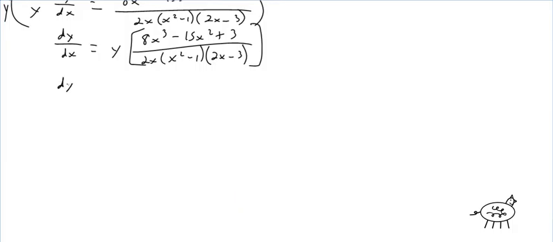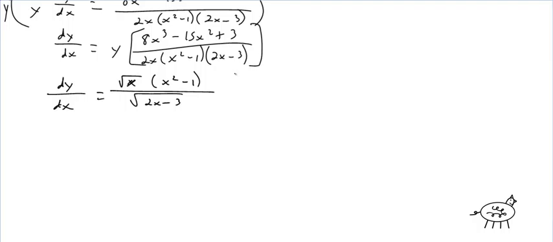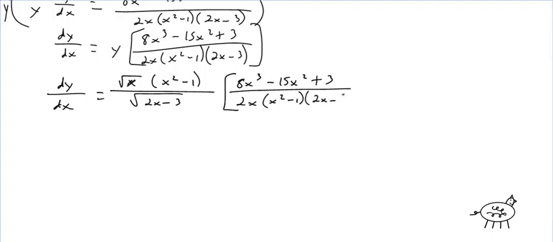So I'm going to get dy dx is equal to the square root of x times x squared minus 1 over the square root of 2x minus 3, and then multiply that by 8x cubed minus 15x squared plus 3 all over 2x, x squared minus 1, 2x minus 3.